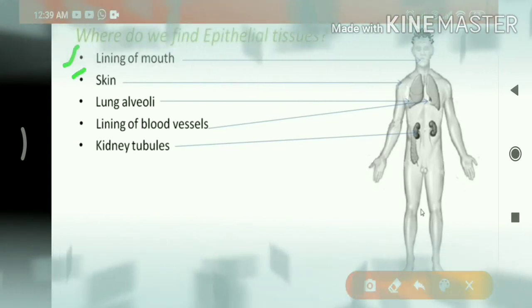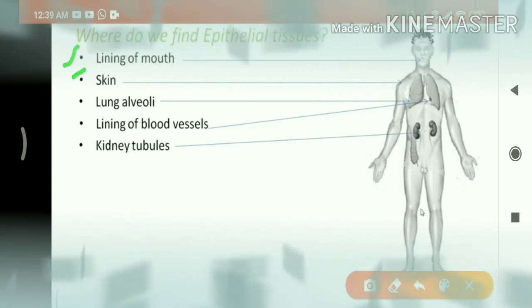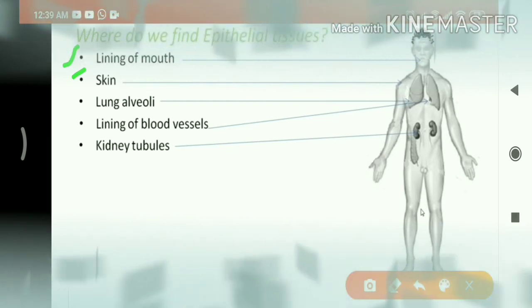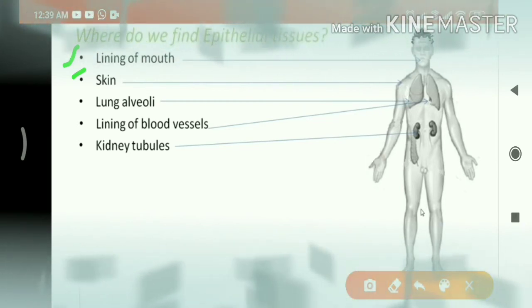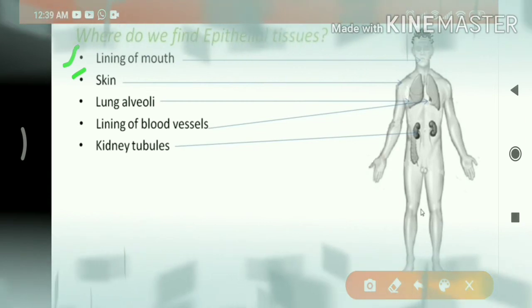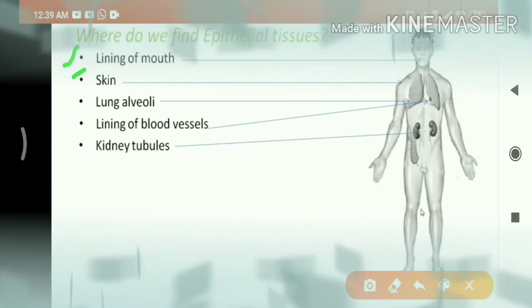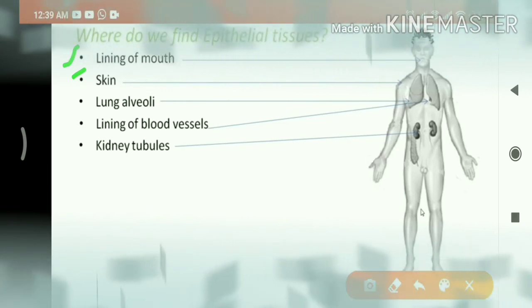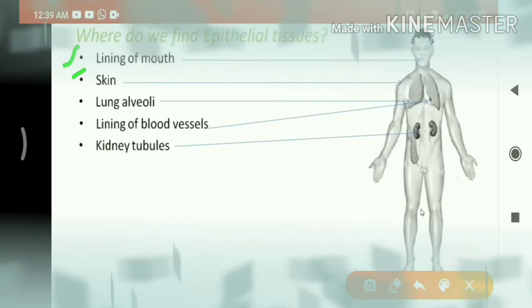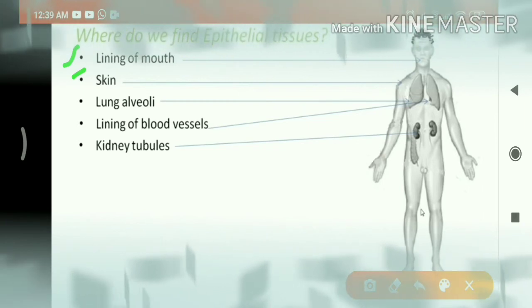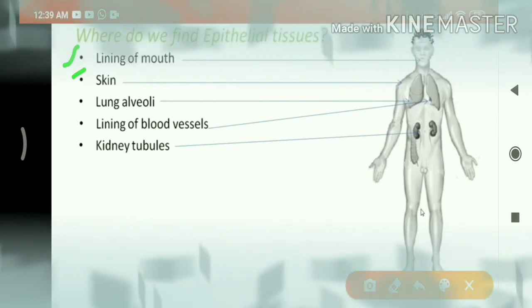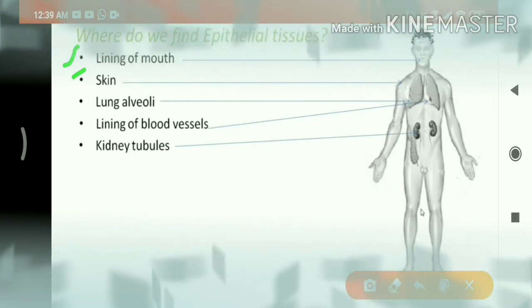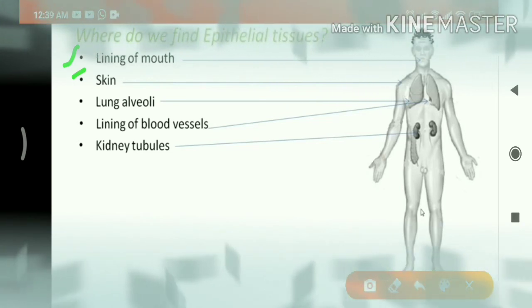One organ has this basement, and the next organ also has a basement. So with the help of this basement membrane, all organs or tissues are separated from each other, right? I hope you understand.